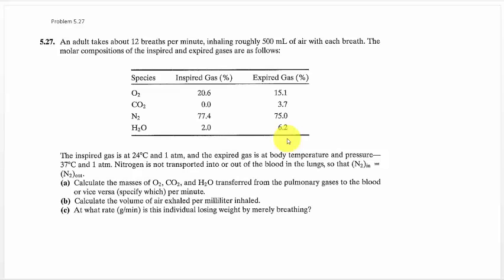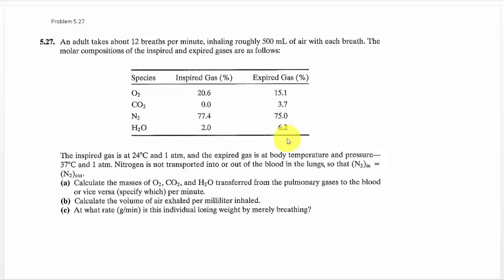The inspired gas is at 24 degrees centigrade and 1 atmosphere, and the expired gas is at body temperature and pressure, 37 degrees centigrade and 1 atmosphere. Nitrogen is not transported into or out of the body in the lung, so nitrogen in is equal to nitrogen out.